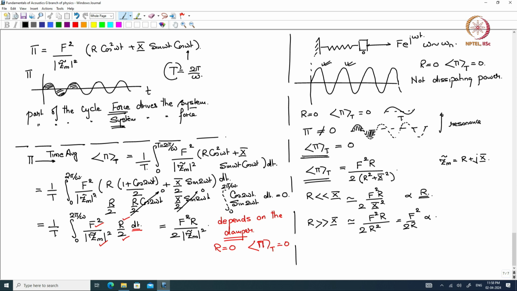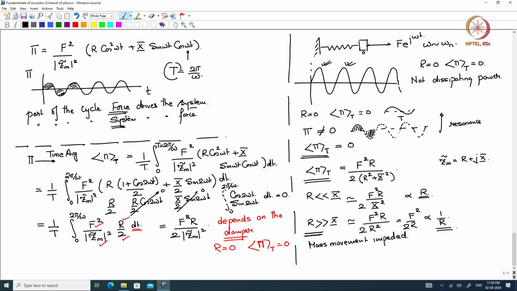This is inversely proportional to R. The viscous damper value is so high that even the mass movement itself is impeded, has become difficult, and therefore it is proportional to 1 over R. In this range, if you reduce R, you will consume more power.